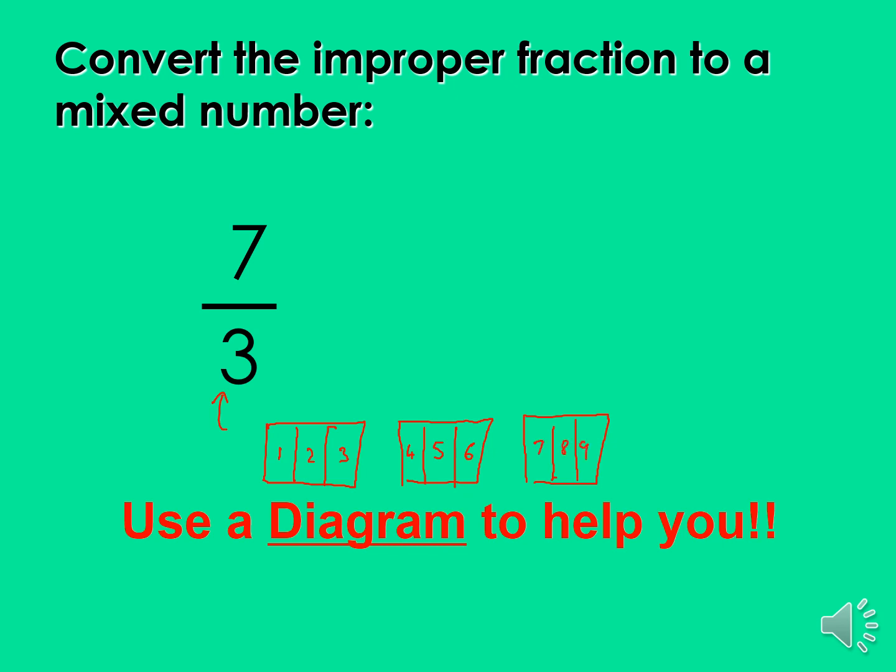So we've got them all split into thirds, so that's where this denominator is from here. And we needed 7 of them. So we needed 1 whole one, 2 whole ones, and 1 extra third. We don't need these 2, because we only need 7 thirds. We don't need 8 or 9.